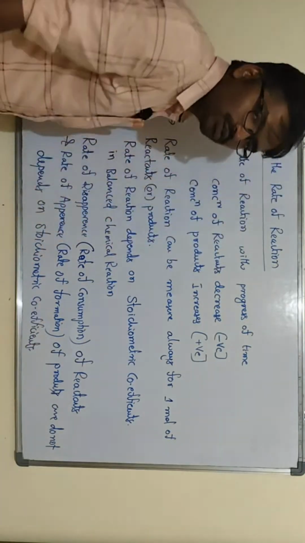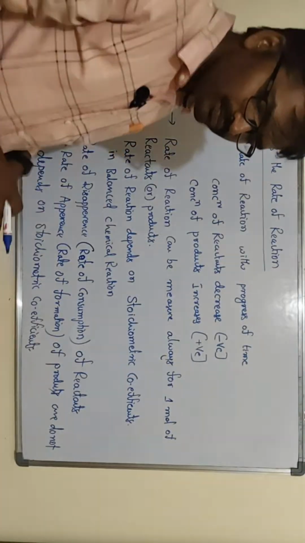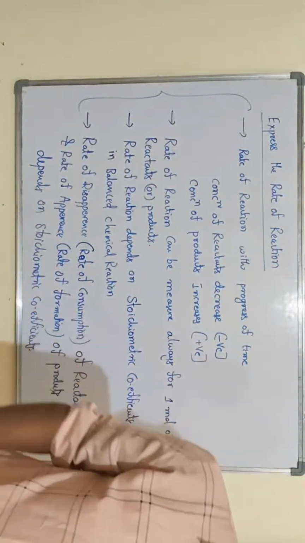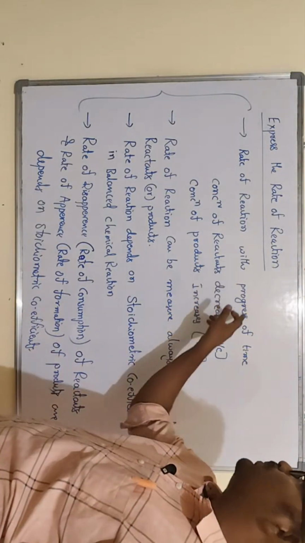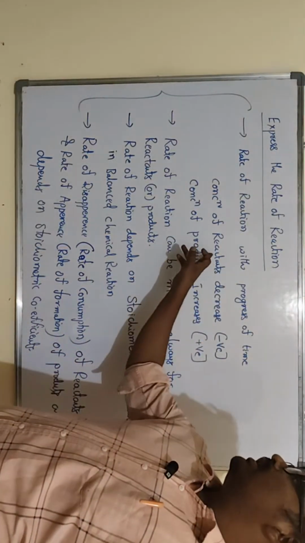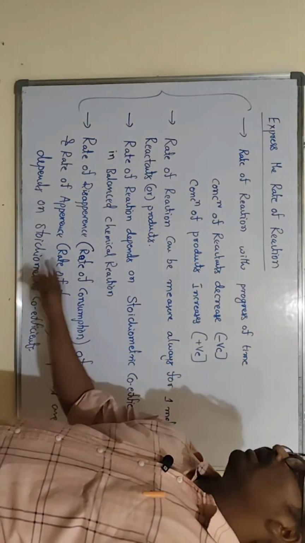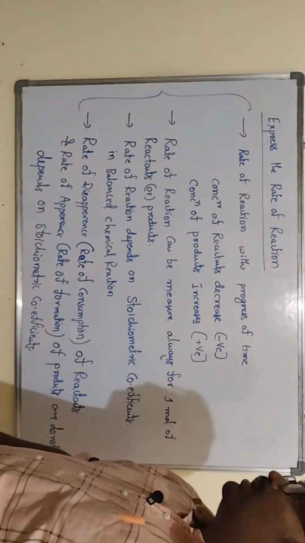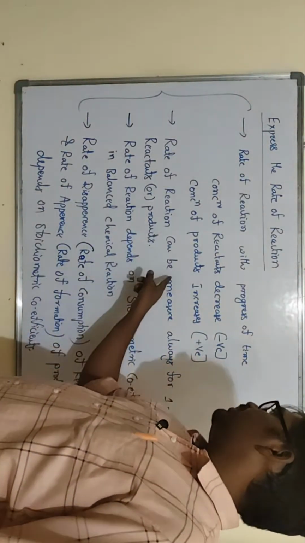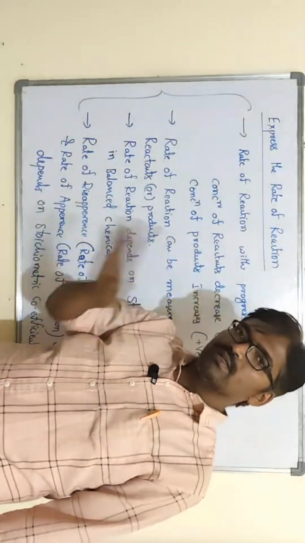So remember, my dear students, if you remember all these 4 points, then you can express the rate of reaction very clearly. Rate of reaction with the progress of time: concentration of reactants decreases, so we use a negative sign. Concentration of products increases, so you use a positive sign. Rate of reaction can be measured always for 1 mole of reactants or 1 mole of products.